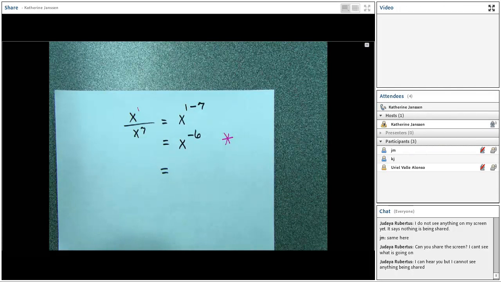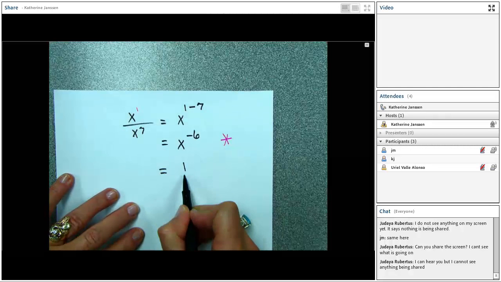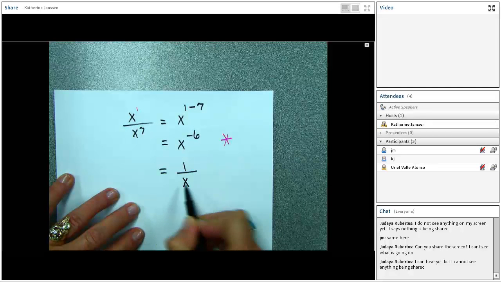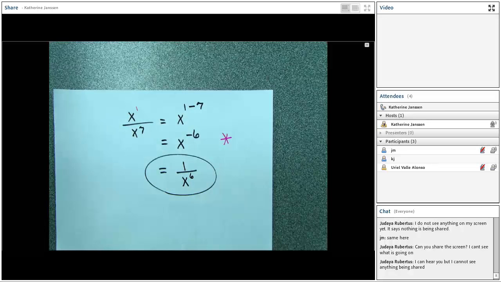We need to convert this so that we have a positive exponent. So I have x to the negative 6, if I take x to the denominator and change the sign of the exponent, now I have my answer formatted as My Math Lab wishes, using only positive exponents.